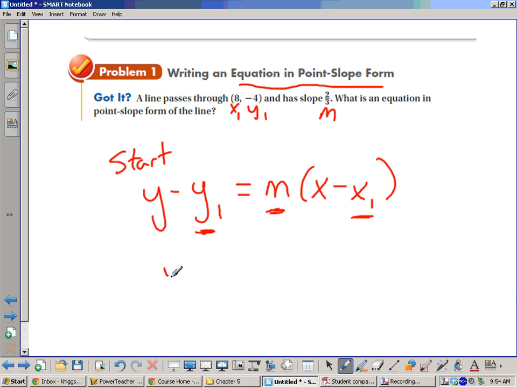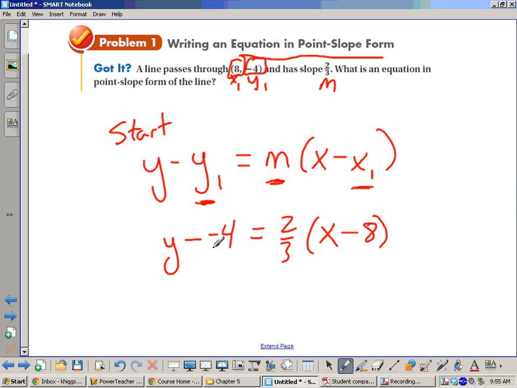So we rewrite this formula, y minus, we come up here and our y1 is -4, so we put -4 right there. Our m is 2/3, so 2/3, x minus, and here's our x1, 8. So this is the equation. We should simplify this because we can see that minus a negative is really plus. So y plus 4 equals 2/3 x minus 8.